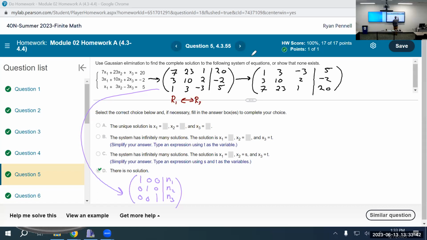To get rid of the 3, we would go -3 row 1 plus row 2 becomes row 2. That's my idea. Everything else would be a consequence, but that would get rid of that 3 there. So -3 plus 3 turns into a 0, and that's what I need. How do I get rid of the 7? We go -7 times row 1 plus row 3 becomes row 3.